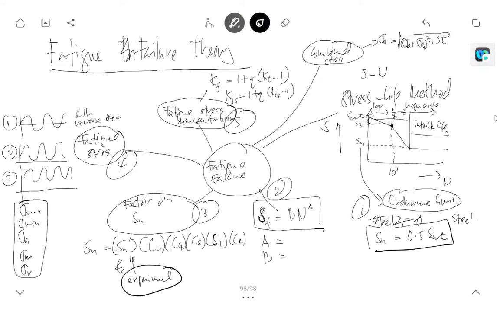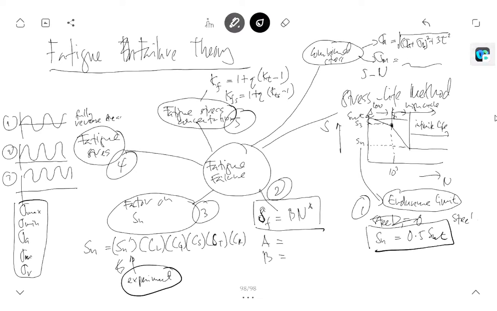For the mean stress, we use maximum principal stress. This is for sigma mean. So you could get it from the equations.